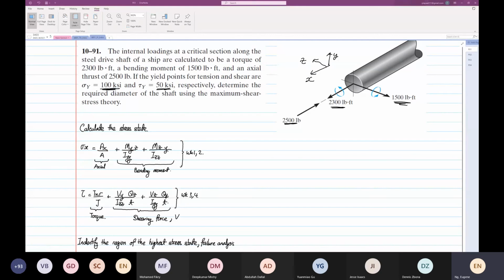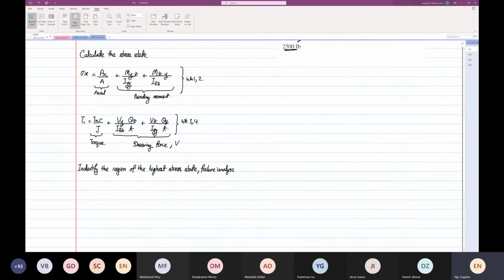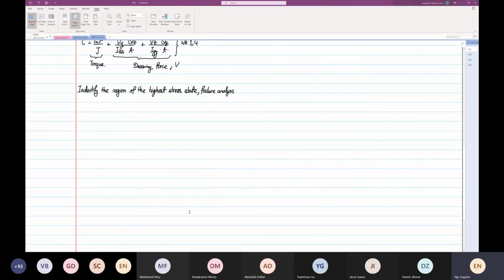Let me draw you the trend of the formula you can see up there. I'm going to draw the trend now.